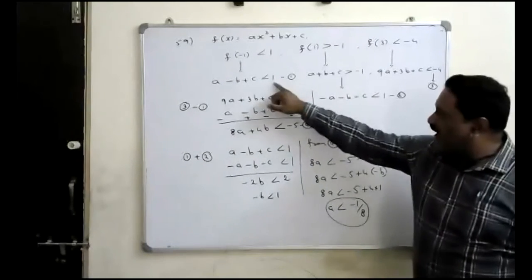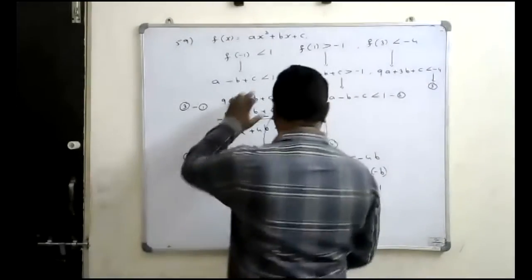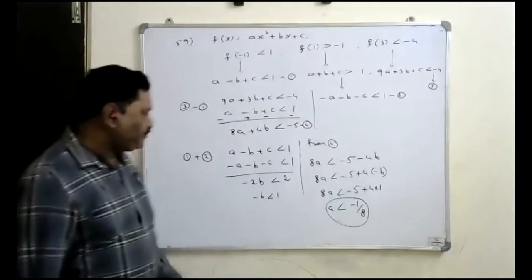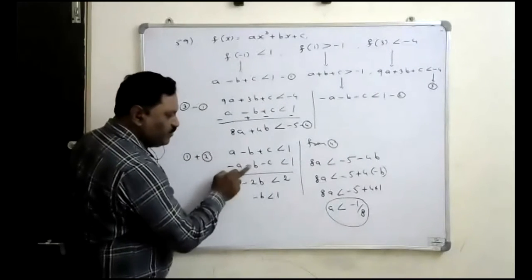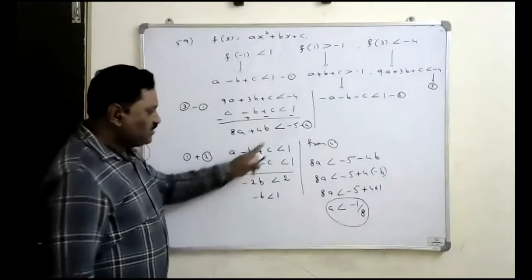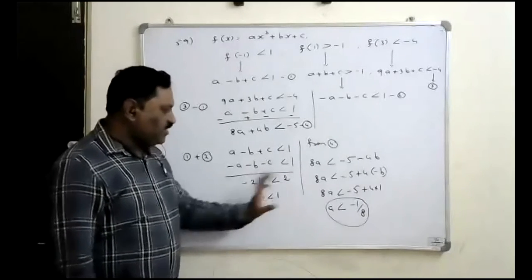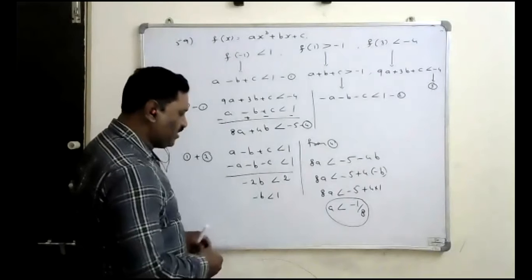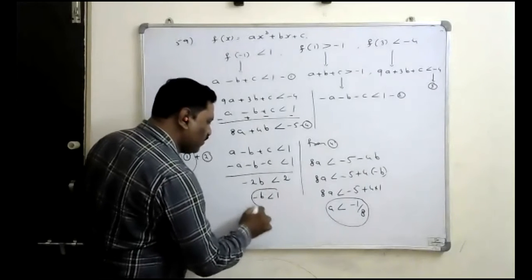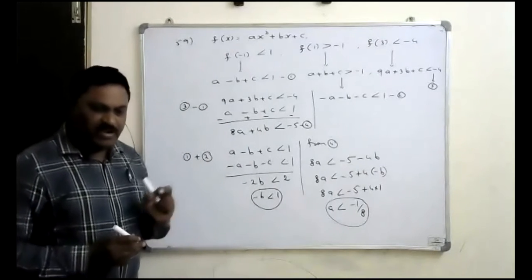If we add these two, the c is cancelled. Of course a is also cancelled. Minus b means minus 2b, c is cancelled, is less than 1 plus 1, 2. Divided by 2, we get minus b less than 1. Means the maximum value of minus b is 1.